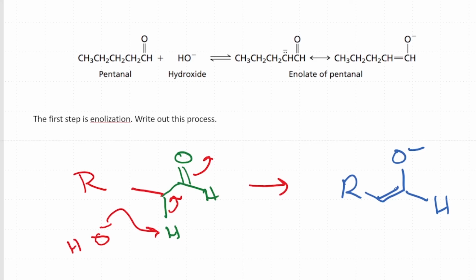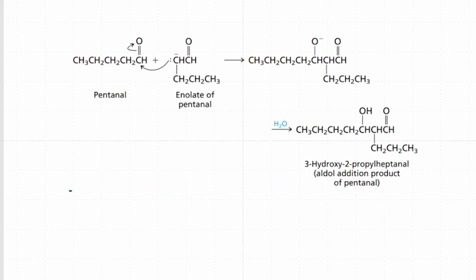Now what we have done in this process is generate the nucleophile. If there's no electrophile, then it's just going to form the enolate. But if there's an electrophile, which is basically pentanal itself, then the aldol reaction can occur. So there is a self-aldol reaction.